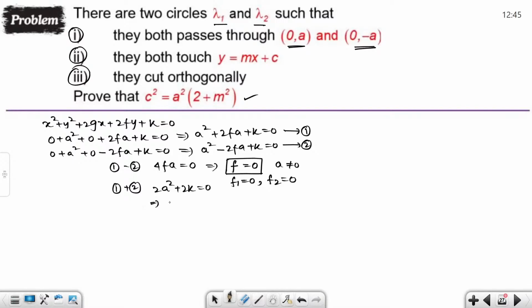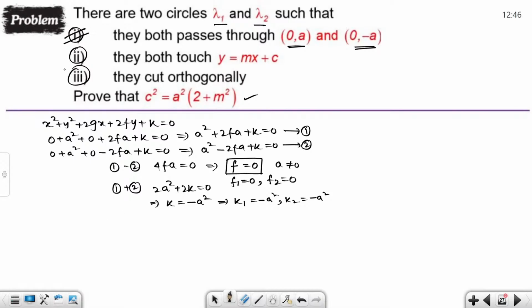So from here we are getting k is nothing but minus a square. It means for the first circle, your k1 will be minus a square, and for the second circle, your k2 will be equal to minus a square. Got it? Okay, so the first condition we have solved.